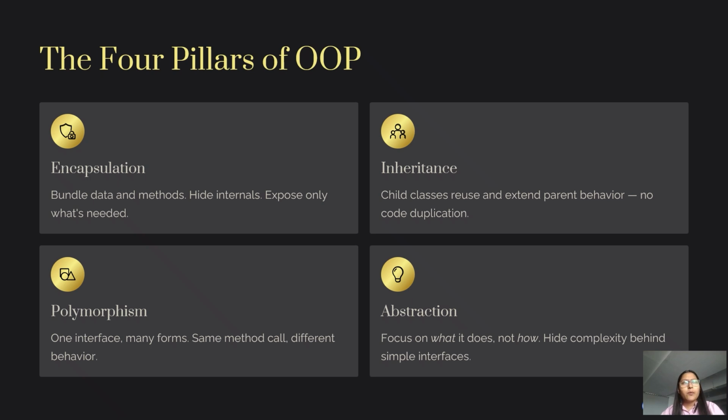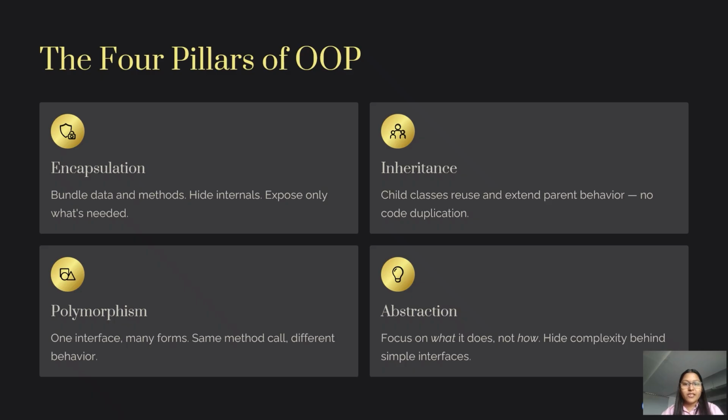Like if we take the example of a capsule, the medicine inside the capsule is safe and we can interact with the medicine, but not directly, only with a defined mechanism. So in programming language, the first pillar is encapsulation.